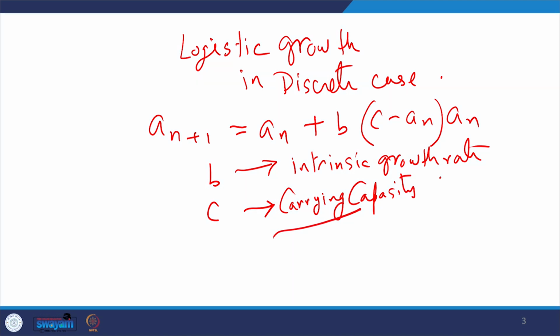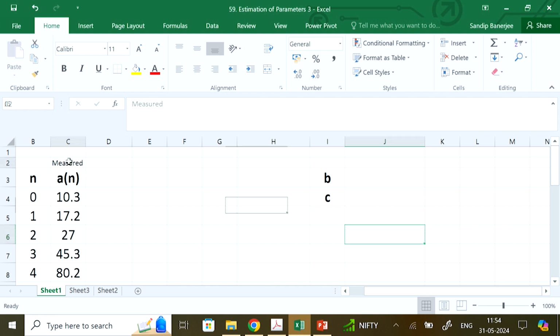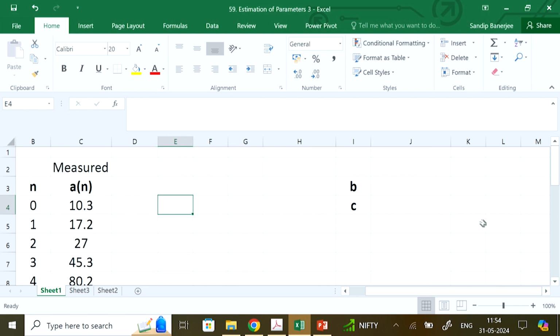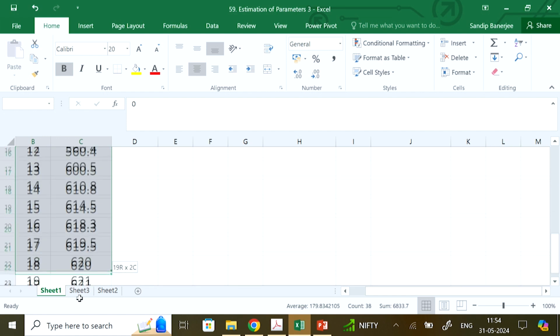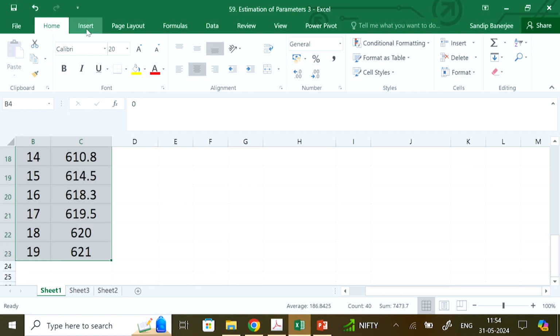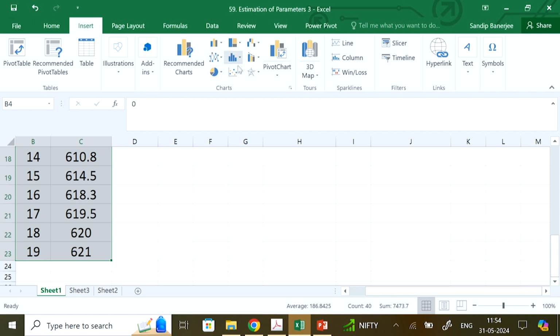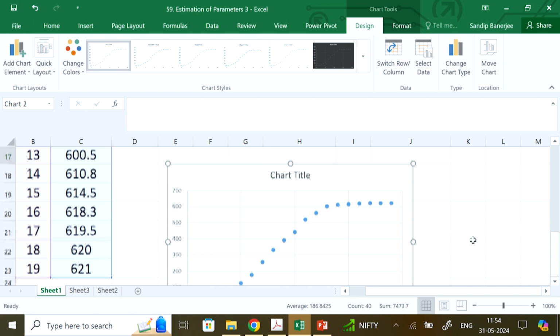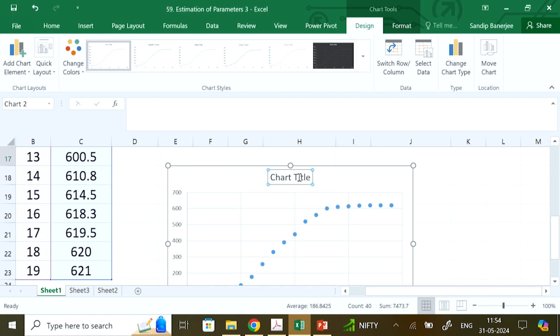So, let us go to the data. This is the measured value of some growth data. Let us first see how this graph looks. So, this is the graph, and I see this is some growth curve.